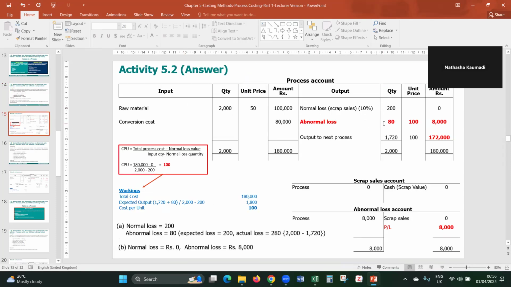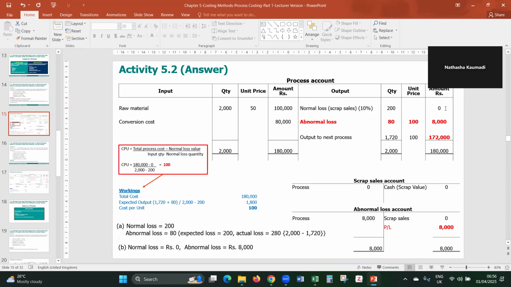With normal losses and abnormal losses, we can come up with the process account. One important thing I explained: when you have normal losses in a process, in the quantity column you put that quantity. And I told you, usually we are not giving a value for the normal losses. That's why it indicates as 0, right?